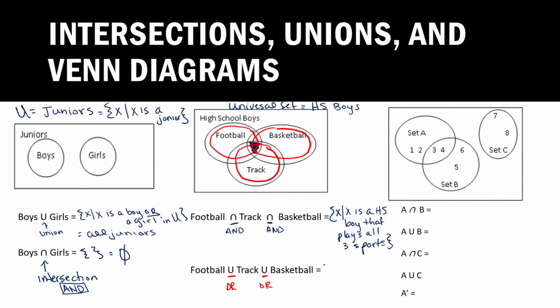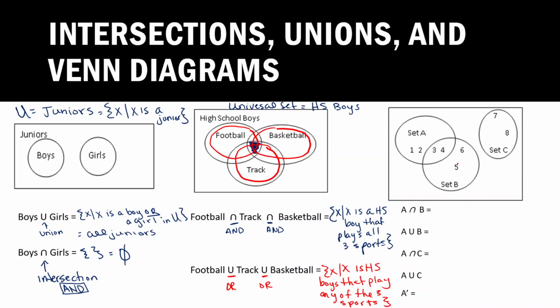So this is the set of high school boys that play any of the three sports. So the only thing that wouldn't be in that set were the boys that didn't play any, okay? Or a boy that just played golf, because it's not in the diagram, okay?